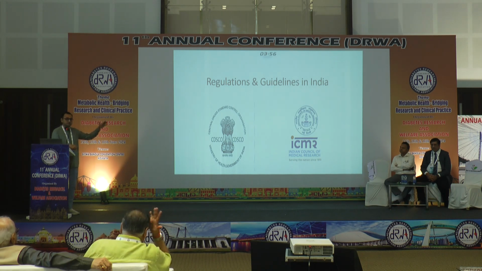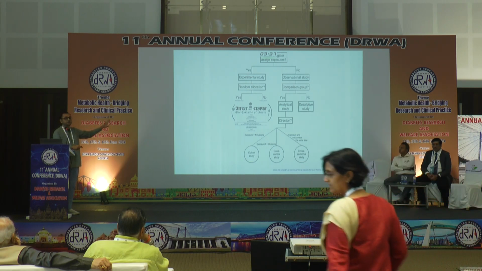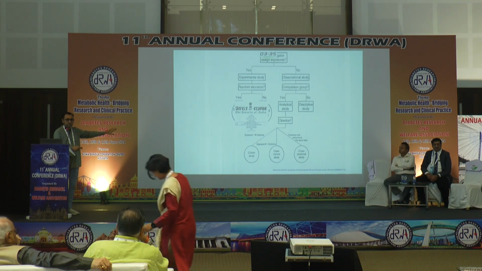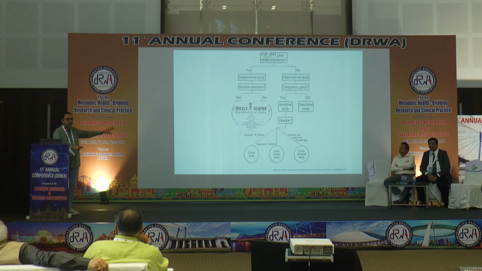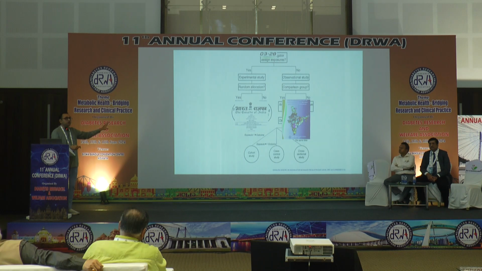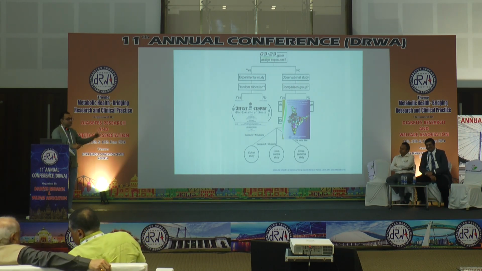They are not regulators, but they tell us about guidelines on how to conduct clinical research ethically. For easy understanding, if I am doing an experimental study, a randomized controlled trial, then we have the New Drugs and Clinical Trials Rules 2019, which tells us how to conduct a clinical trial. And generally, for all observational studies, there are guidelines by ICMR.